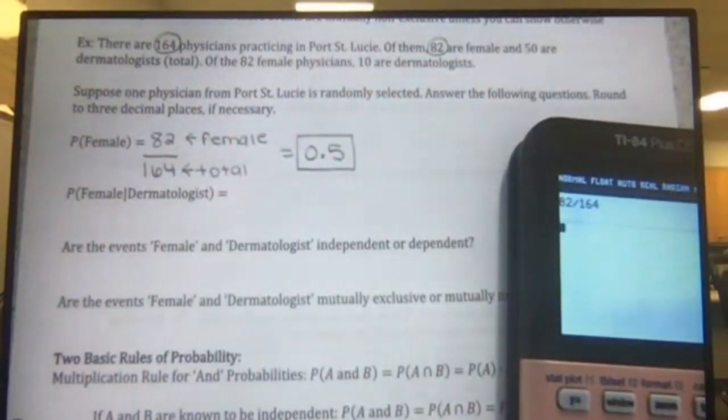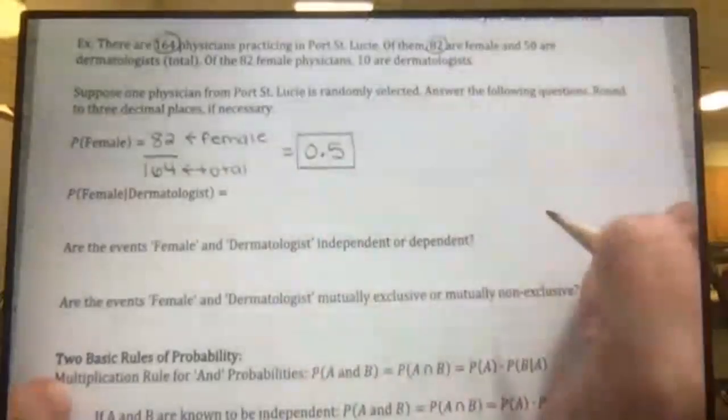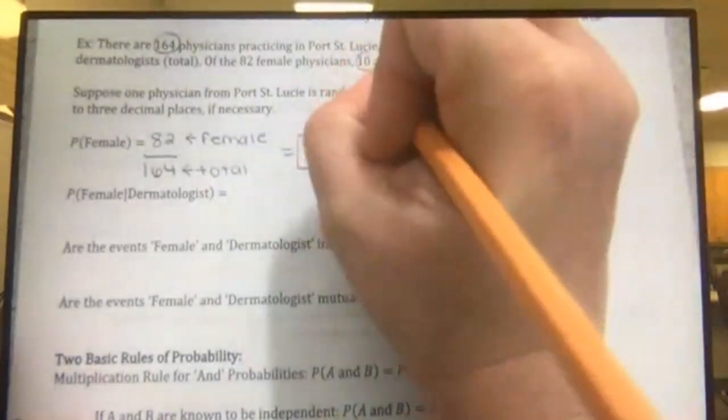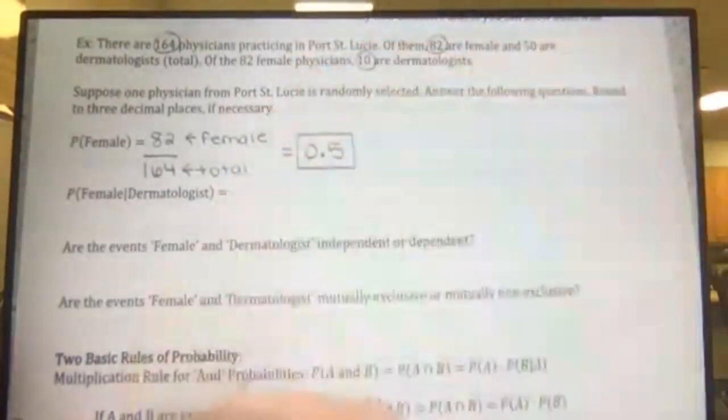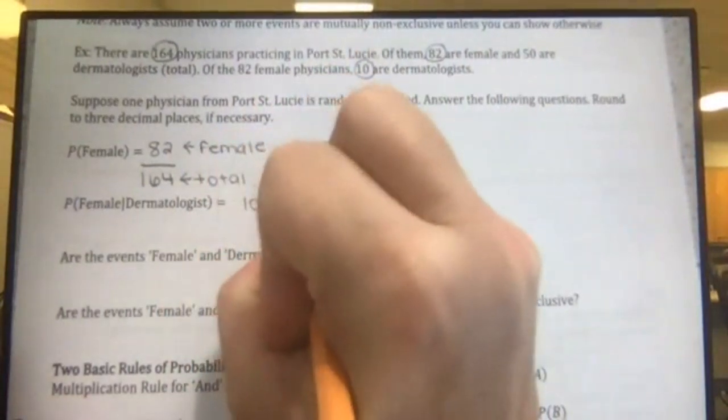Next, it says probability of female given dermatologist. Remember up top, at the top, this would be female and dermatologist. Of the 82 female, 10 are dermatologists, so 10 are female dermatologists.